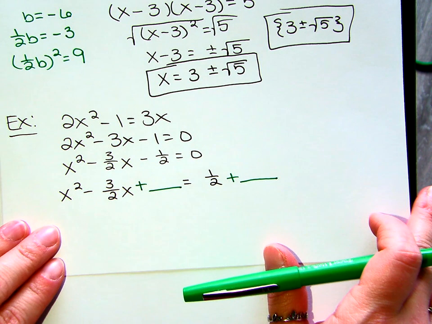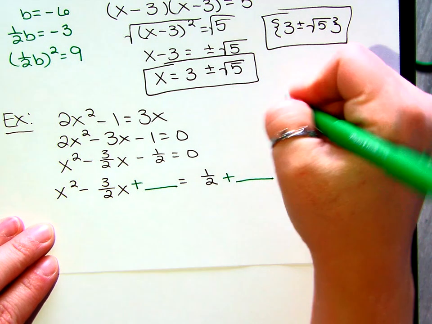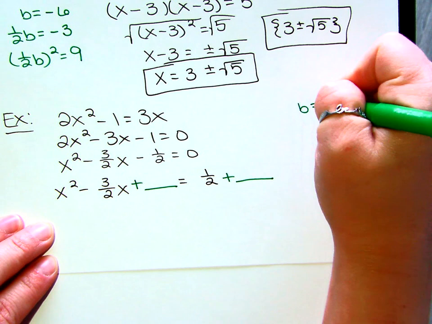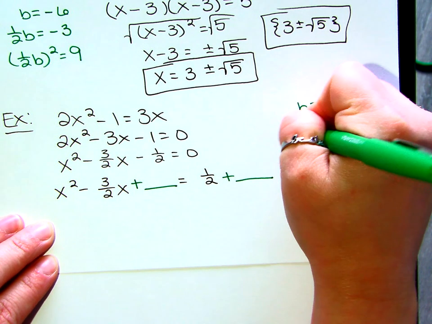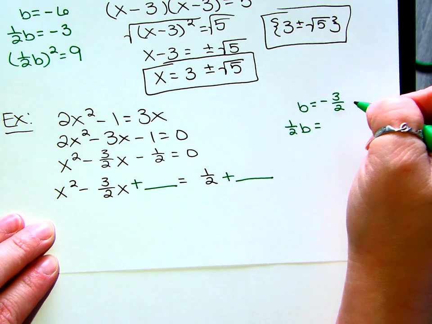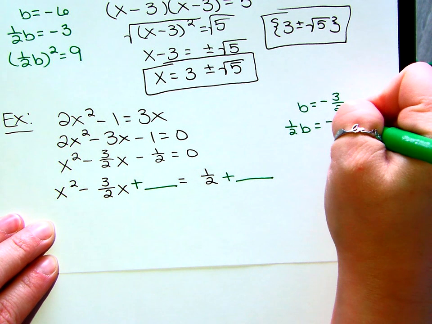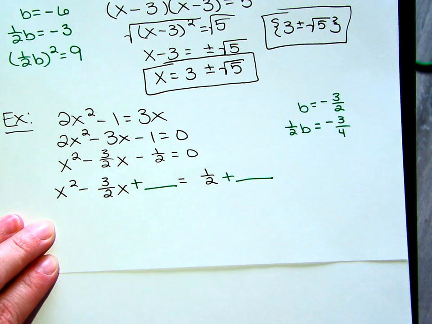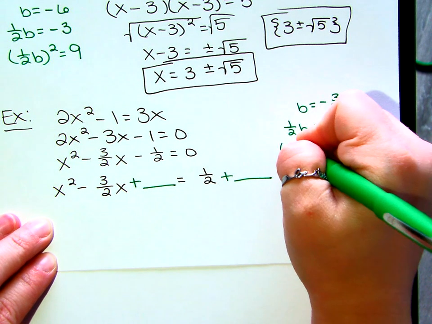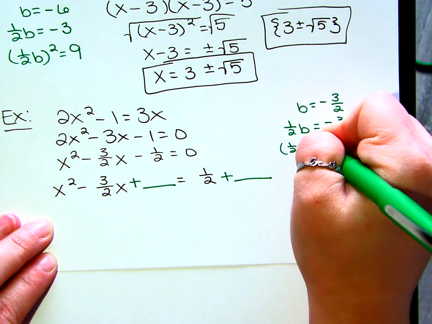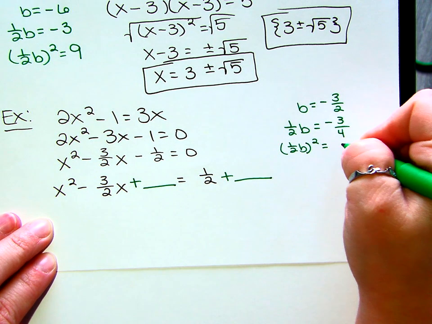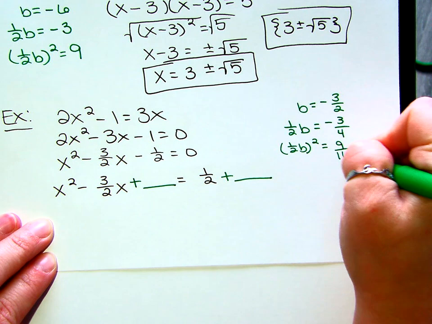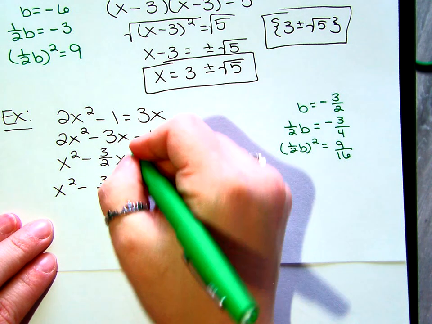So my b in this case is negative 3 halves. So 1 half b, that would be 1 half times this, would give me negative 3 fourths. And then if I take 1 half b and I square that, then I'm taking negative 3 fourths times negative 3 fourths, which will give me a positive 9 sixteenths. So that's what goes into these blanks.